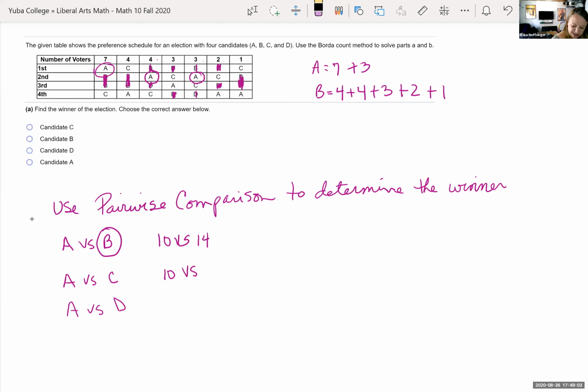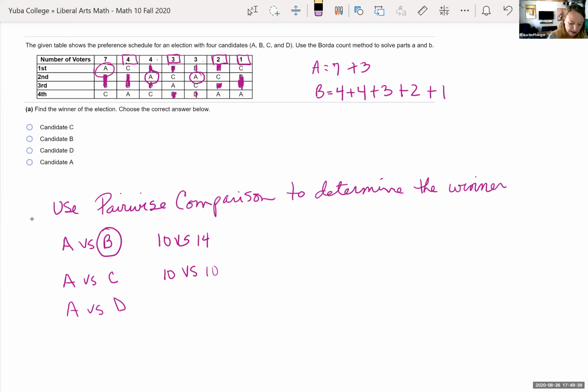So 10 versus, if I count the ones that are left, I should get 14 because I know that there's 14 voters. So 4 plus 3 is 7, plus 2, did I miss one? Why is that not working? I counted somewhere wrong.